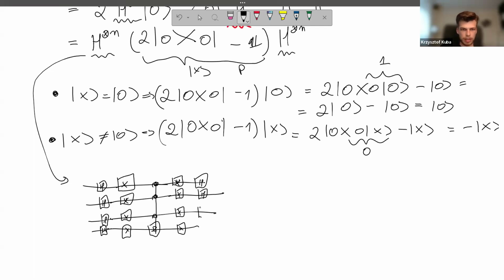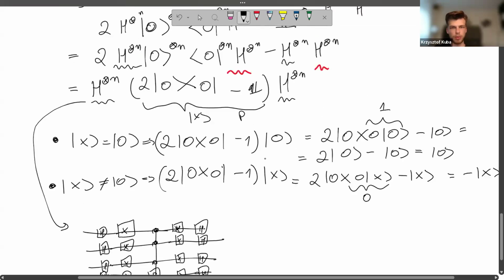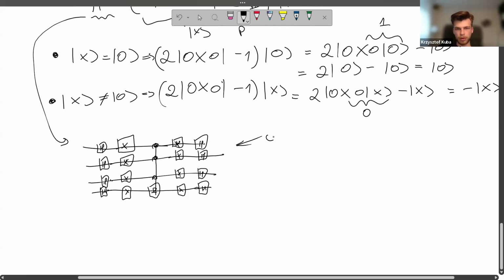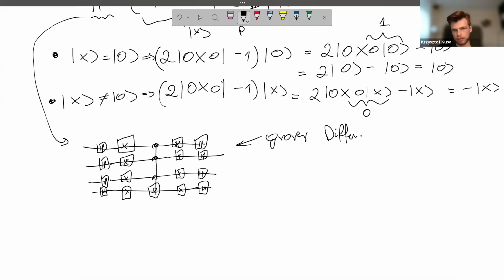And once again, Hadamard gates, which are coming from that one, right? So this will be our Grover diffusion operator, which is also this mean reverting operator.